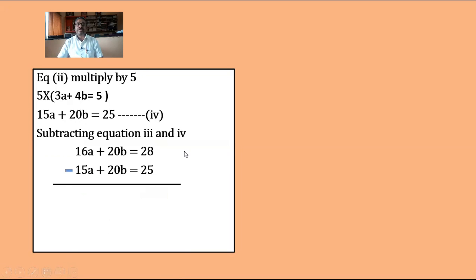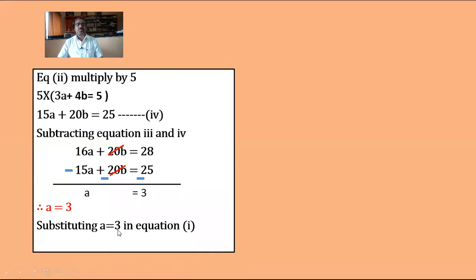Subtract equation 3 and 4, therefore minus 15a, minus 20b, minus plus minus. Therefore, 20b minus 20b we get 0. 16a minus 15a is equal to a, and 28 minus 25 is equal to 3. Therefore, we get the value of a is equal to 3.